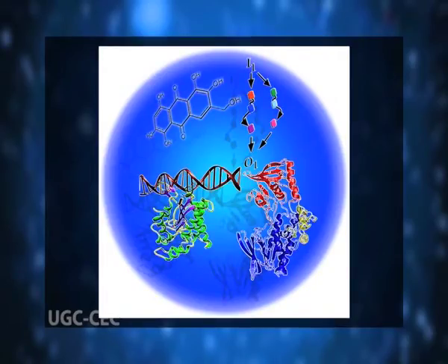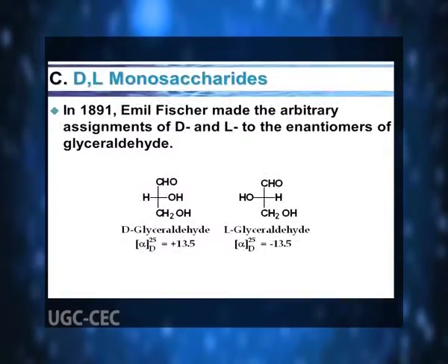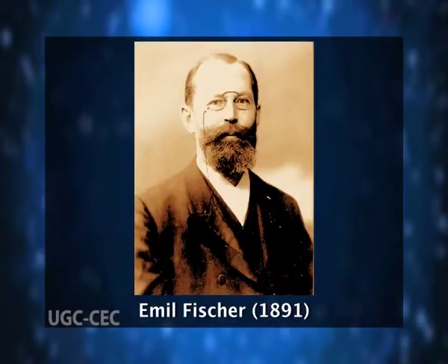Even though the RS system is widely accepted today as a standard for designating configuration, the configuration of carbohydrates, as well as those of amino acids and many other compounds in biochemistry, is commonly designated by the DL system proposed by Emil Fischer in 1891.